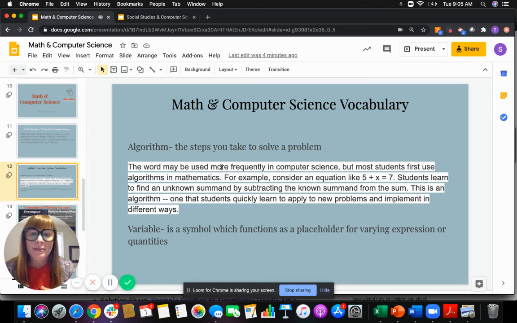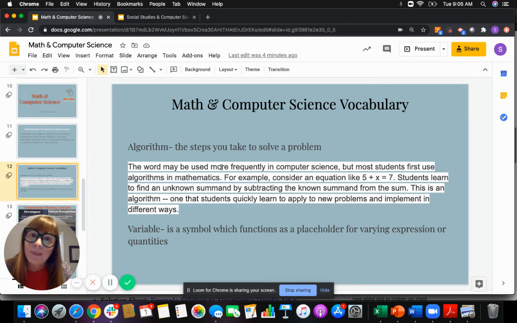A variable is a symbol which functions as a placeholder. In mathematics, we use that for x to solve for y, or use x plus y equals z. Wherever we're using variables, we use it to solve problems. And in computer science, we use variables in the same fashion. Think about when you log into your computer or log into your email.